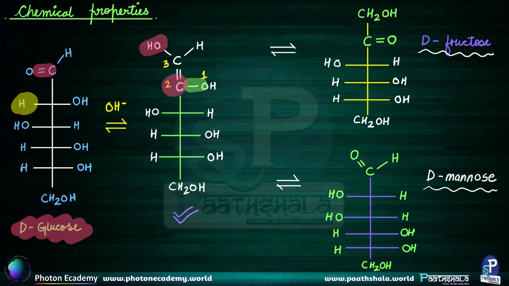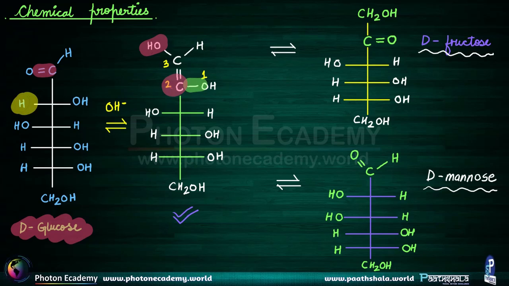Now, we notice that in D-mannose and D-glucose, there is only a configuration difference at the first chiral carbon. And we have already studied that if only one chiral carbon differs, then we call it an epimer. So now these two, apart from being isomers, are also epimers of each other.